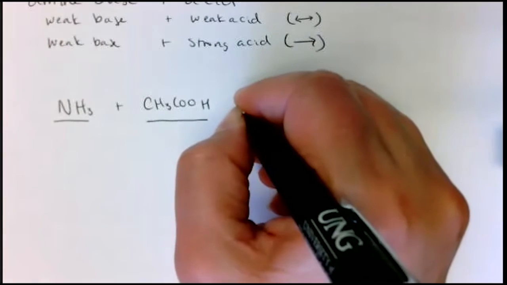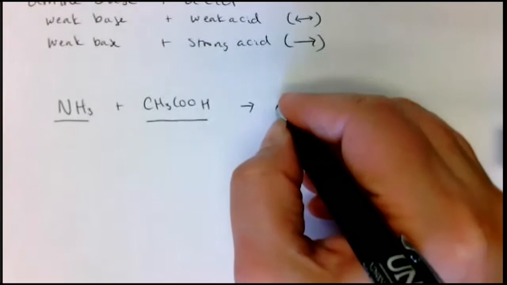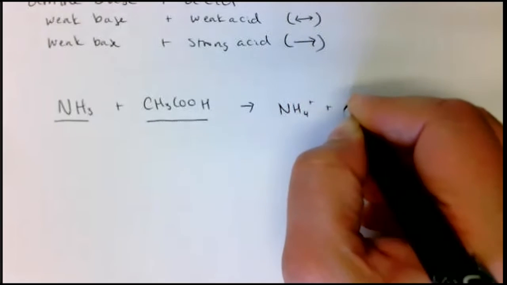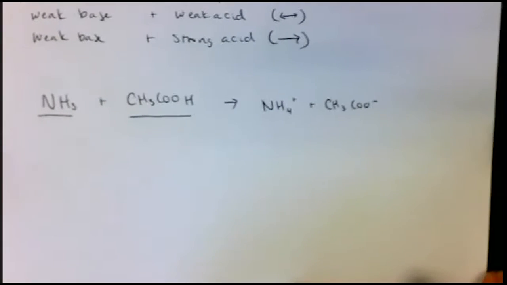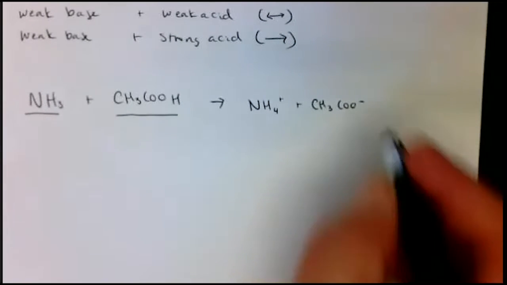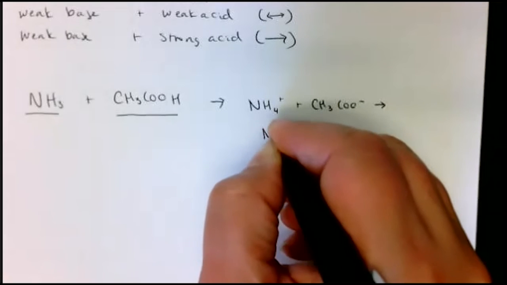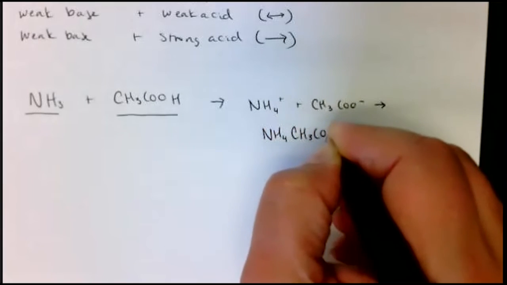You are going to form two salts, NH4 plus and CH3COO minus. But those are going to combine to give you NH4CH3COO.